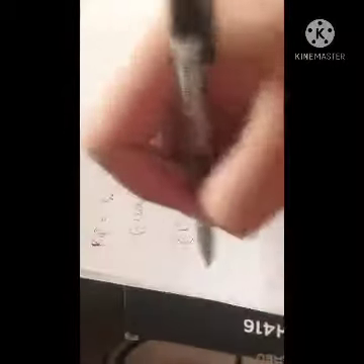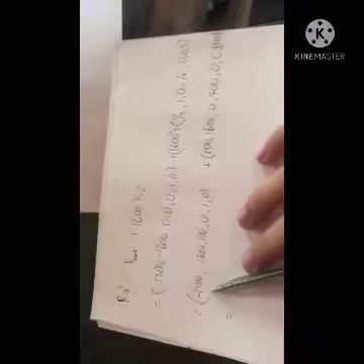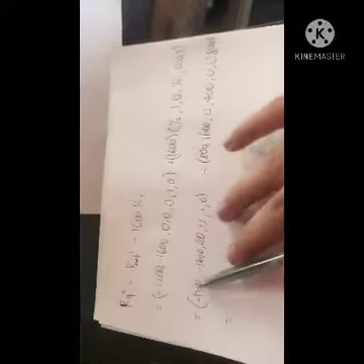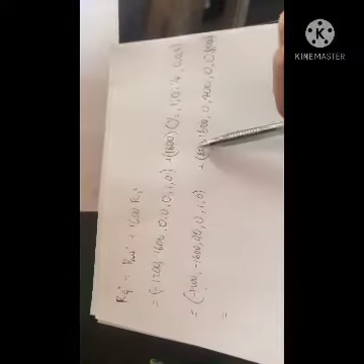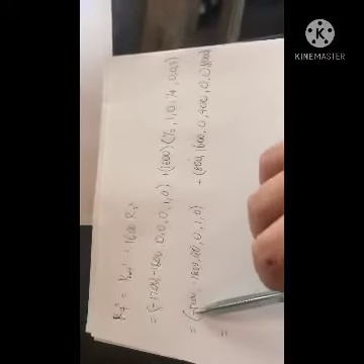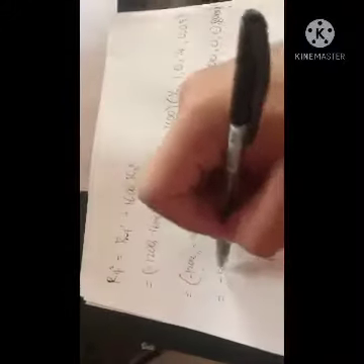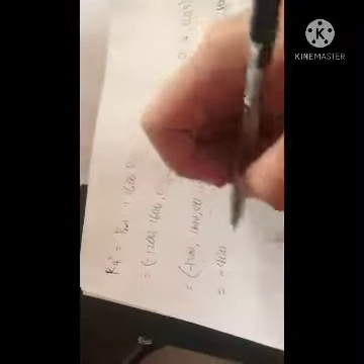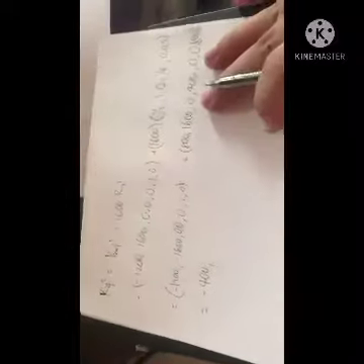Now we do the addition. Negative 1,200 plus 800 gives negative 400, since the negative is larger.